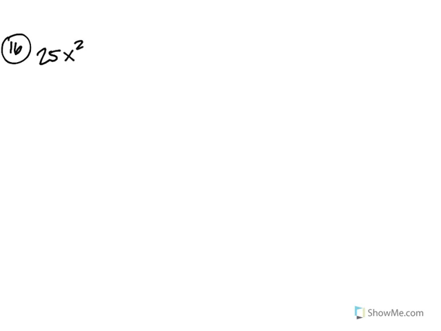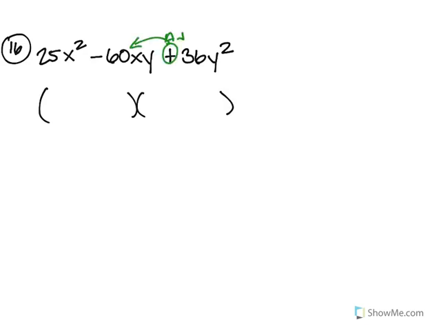We got 25x squared minus 60xy plus 36y squared. So this one, you're going to factor because we're adding to get the middle. And it's really considered, in the book, it was considered a special problem, but it really is not.